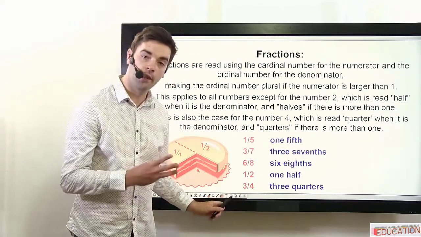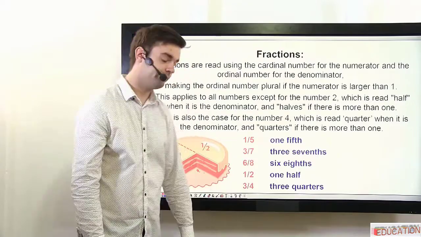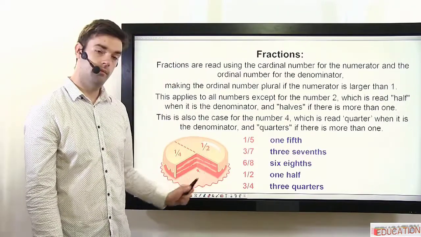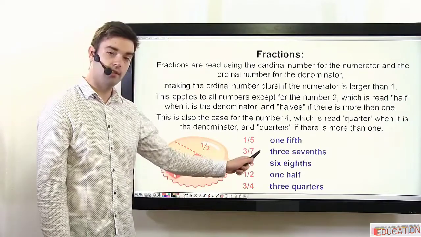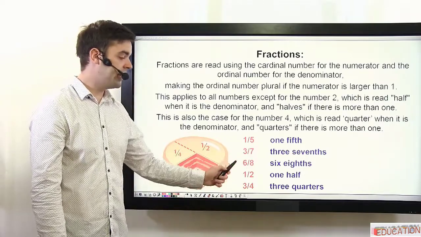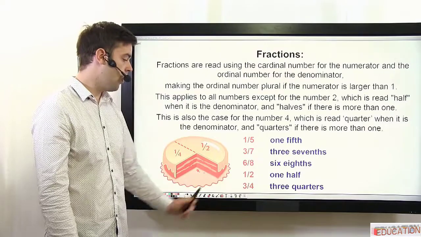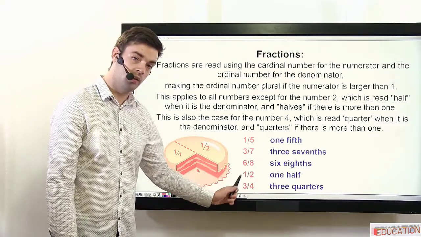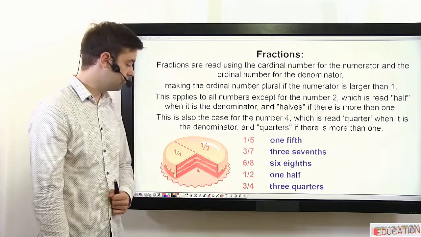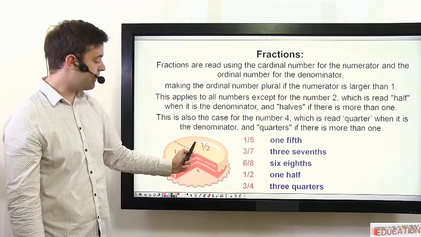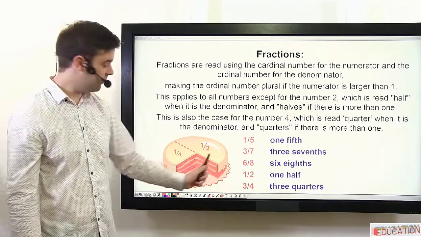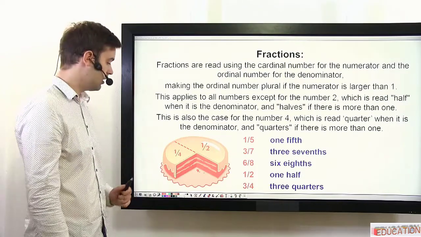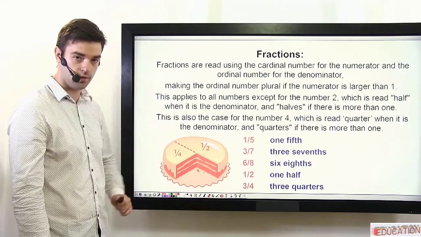So there are 3/4. 1/5, 3/7, 6/8, 1/2, and 3/4. Here we have half a cake and a quarter of a cake. 1/2, 1/4.